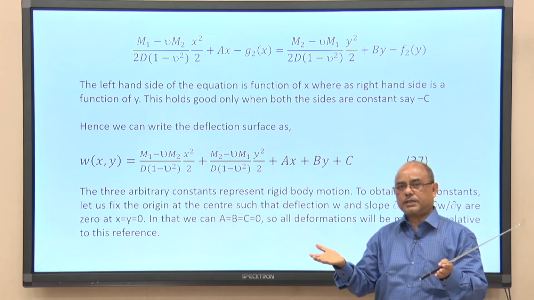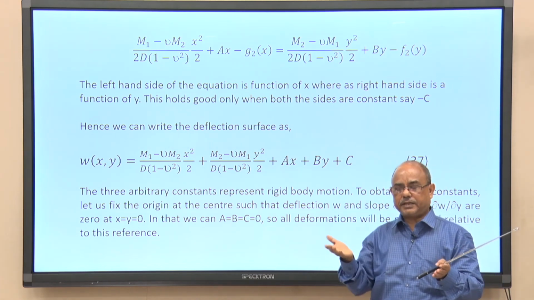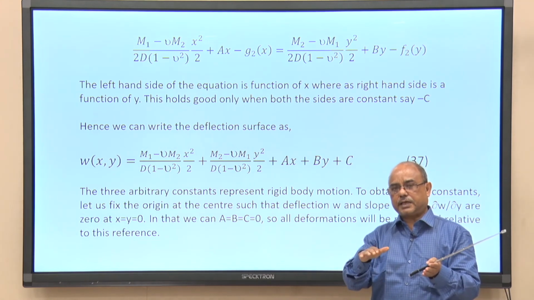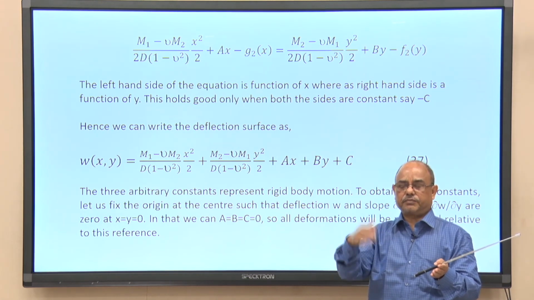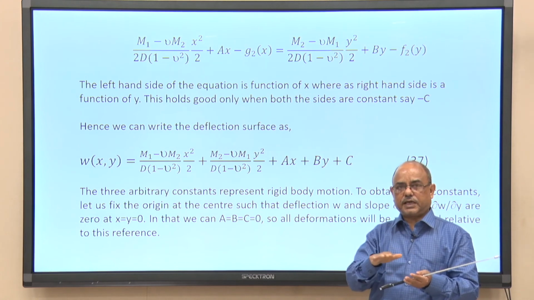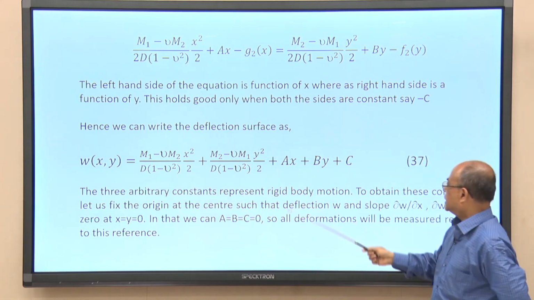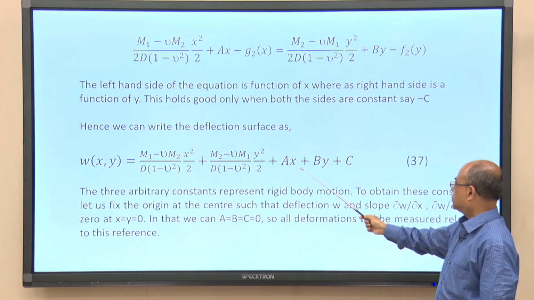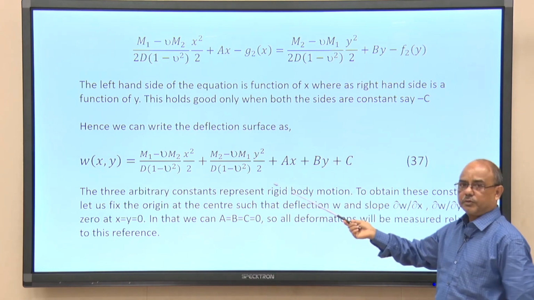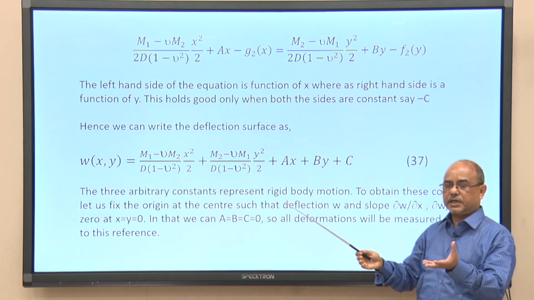But these constants can be eliminated if we take the center of the plate as the reference point from which the deflections or slopes are measured. So, if I take the origin as the reference point, then I get that at x is equal to 0, y is equal to 0, the slope and deflection will vanish because it is a symmetrical bending.